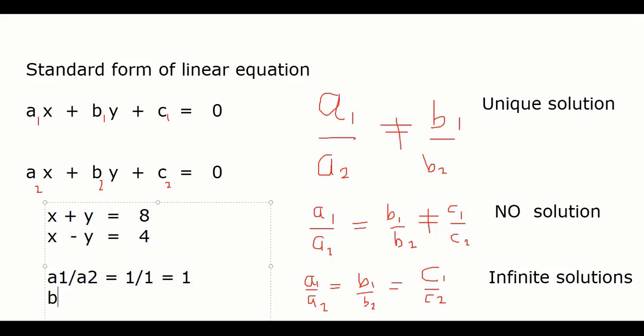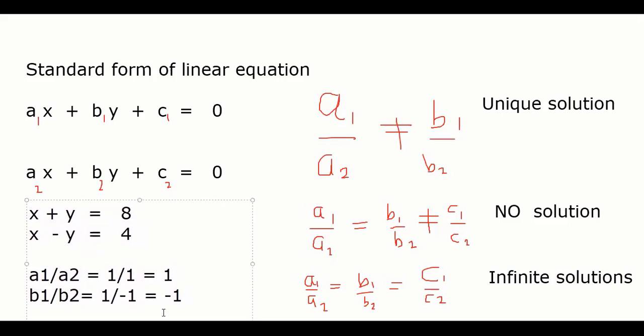What is B1 by B2? 1 upon minus 1, which means minus 1. C1 by C2 doesn't matter, because A1 by A2 and B1 by B2 are not equal. Not equal means unique solution, right? Yes, sir. So we don't need to check C1 by C2. Has everyone understood what we are doing? Yes, sir.